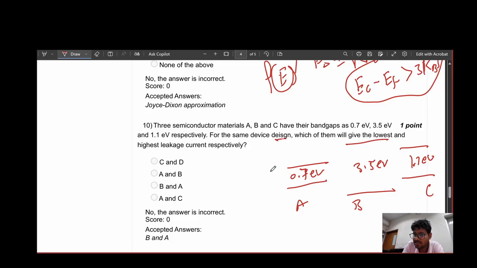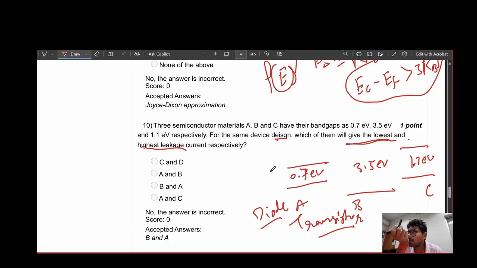For the same device design, let us say a diode or transistor, which of them will give the lowest and highest leakage current?